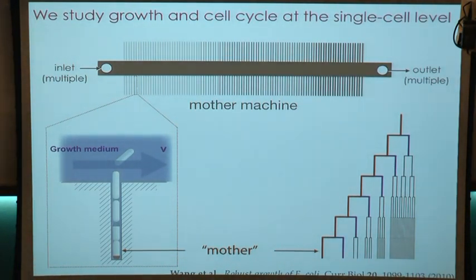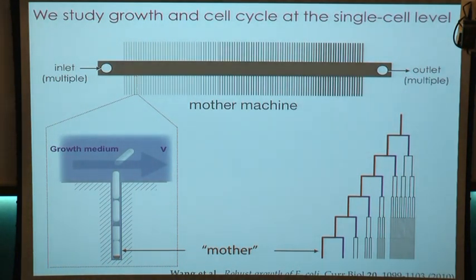The reason this device is eventually known as the mother machine, as opposed to the baby machine, is that once you insert the cells into growth channels like this, and you think about how the cells are aligned in this device and about their growth and division patterns, you realize the cells at the end, whenever they divide, inherit the same pole from the previous generations.